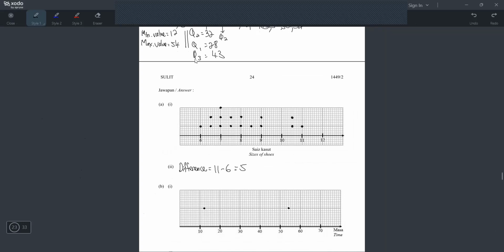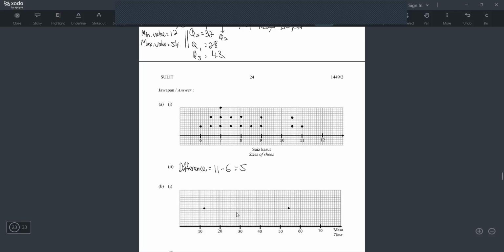Yang ni jangan letak dot, yang ni letak line. So Q1 28. So let's letak line. Okay, let's put line. Black color. Okay, letak line dekat mana? Dia letak line dekat 28, 32, 43. Okay, let's put 28. 28 dekat mana? 30, reverse 1, 30, 29, and then 28. So sini lah. So this is your line. So okay, but the line how long? Okay, I will put 5 kotak.